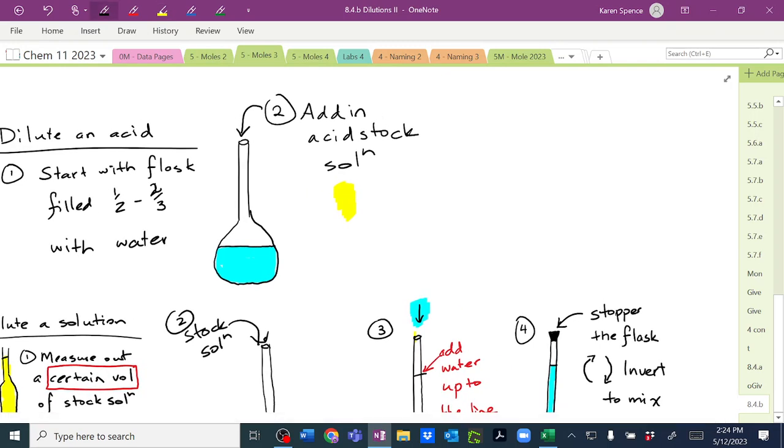So what we will end up with then is our water, and then our small amount of stock solution. Yes? What do you think we should do with this now?